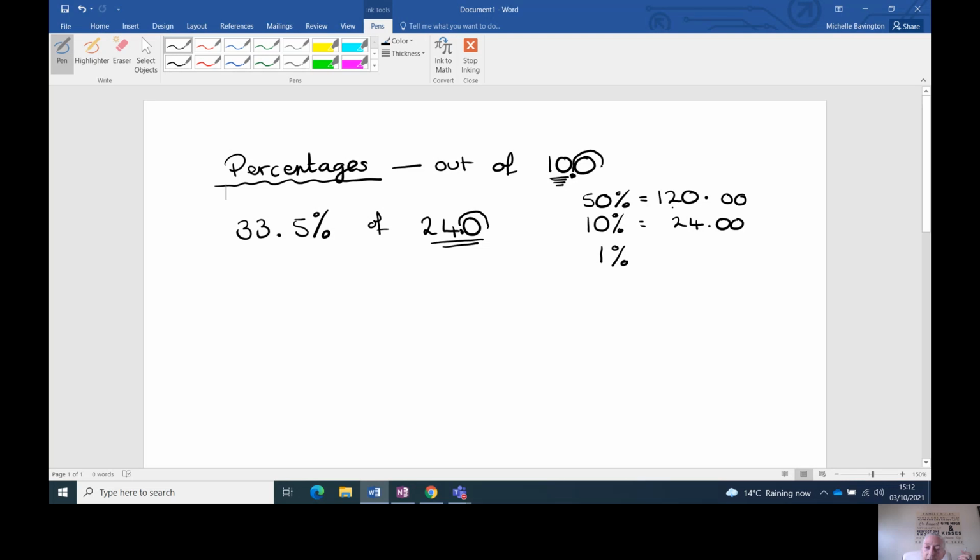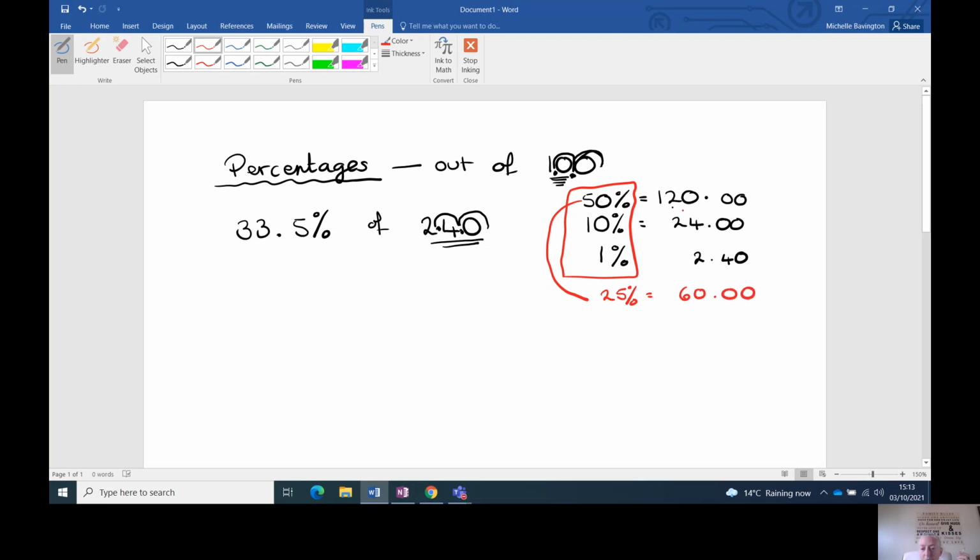And 1%, jump in 2 here, which gives us 2.4. Now, using these, we can find other percentages. From 50%, I can find 25%, and that would equal 60.